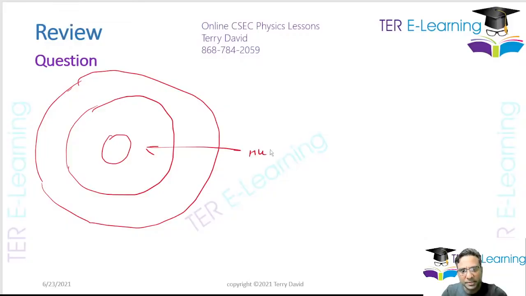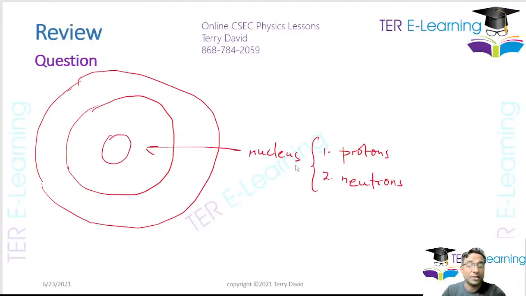This here is my nucleus. Inside of the nucleus, we have two particles. One, we have protons. Two, we have neutrons. These are two particles found inside of the nucleus.